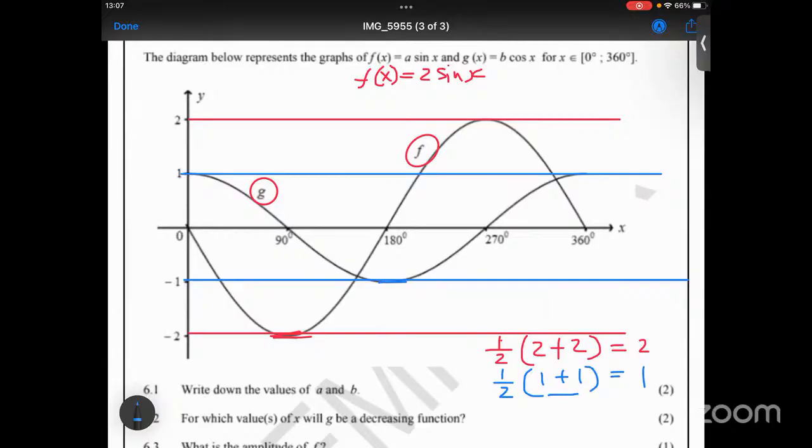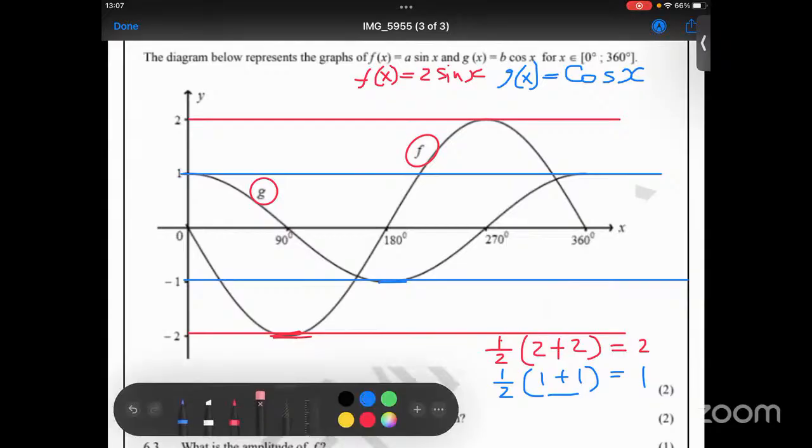Half of 2 is 1. So that means that function of G, that one of G of x, will therefore be equal to 1 cos of x. That's how you should easily be able to work it out.